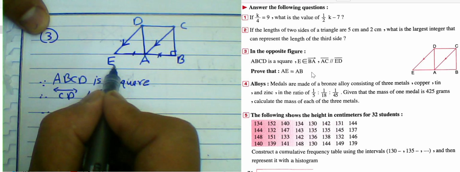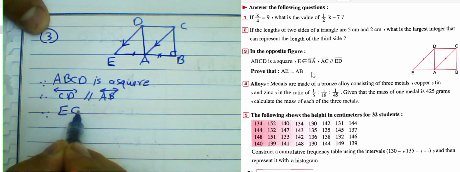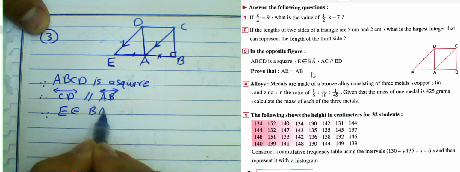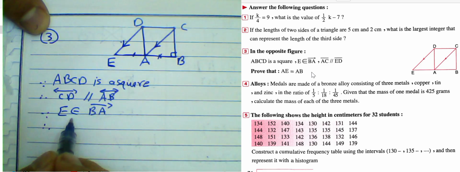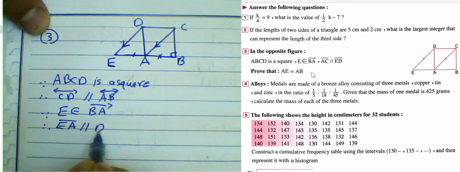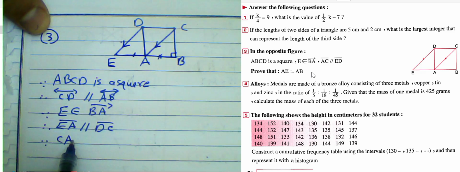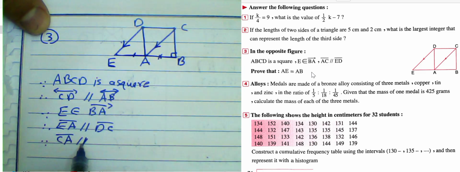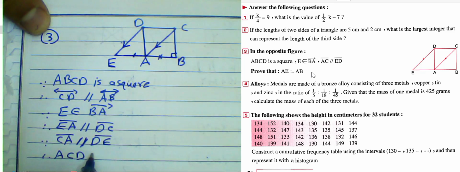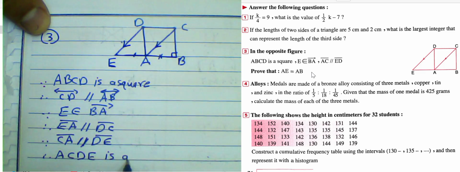And such that the point E is on the ray BA, then we can prove that EA will be parallel to DC. And he gives us this information, CA was parallel to DE. They are parallel. Then ACDE is a parallelogram.